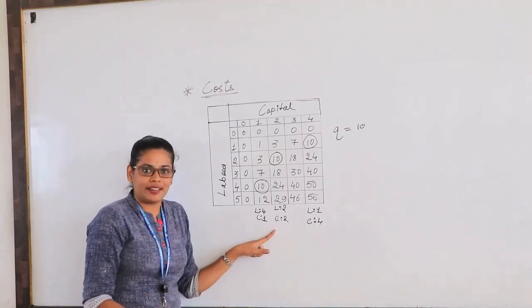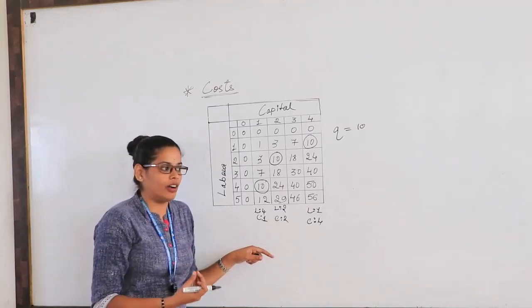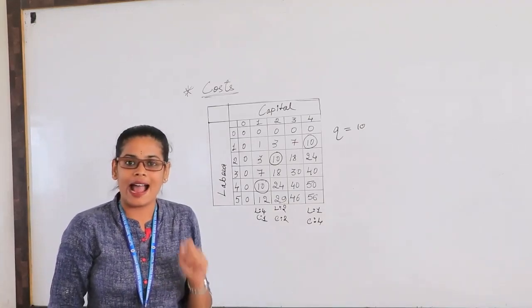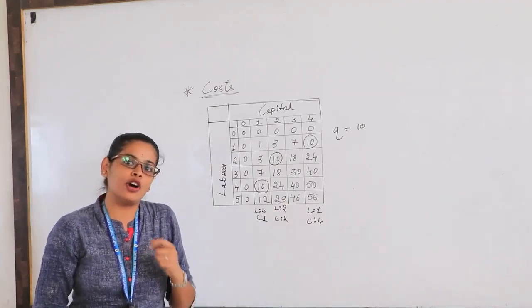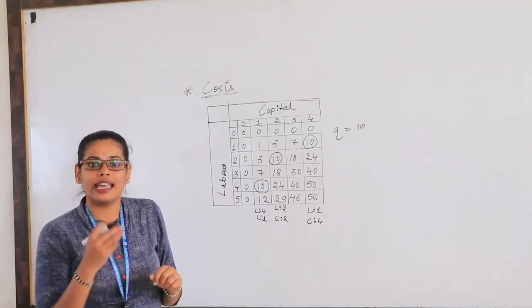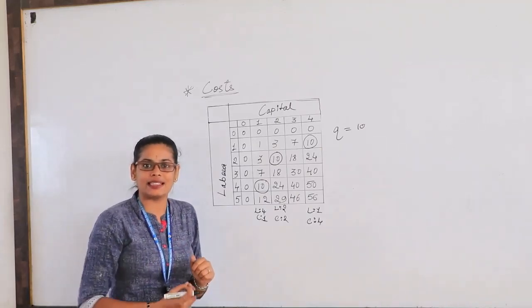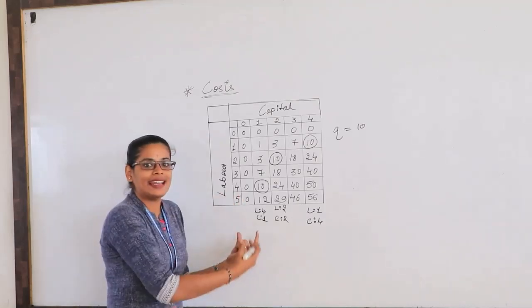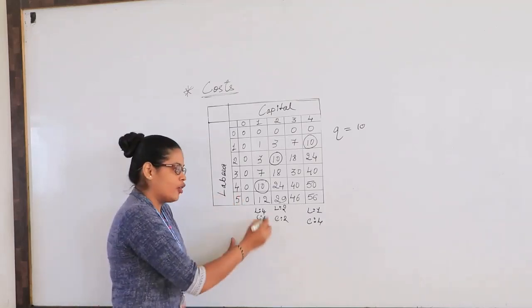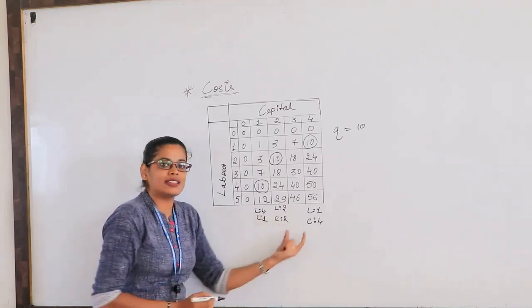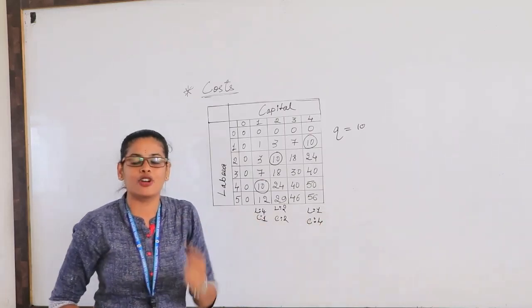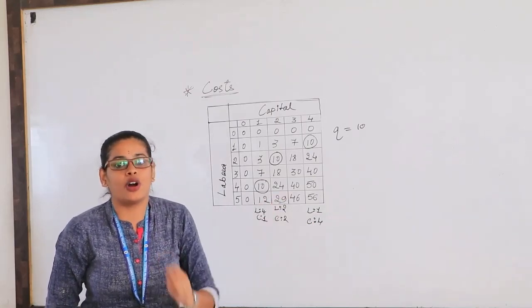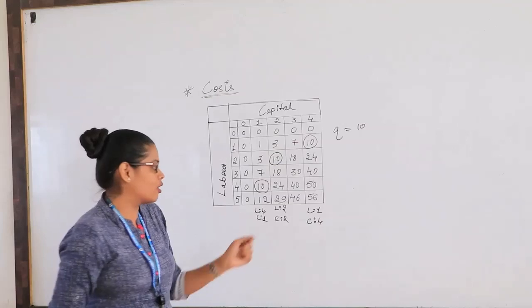He has to think which can fetch him more profit for his firm, and to fetch more profit, he has to incur the least expenses or the least cost. So he will analyze these 3 combinations to see which combination of labor and capital is going to cost him the least.